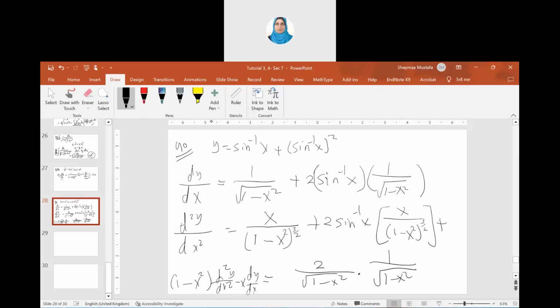Prove or show this is independent of x, meaning the evaluation will give you some number not including any x, equal to some numbers not including any x. So this is what we call independent of x.